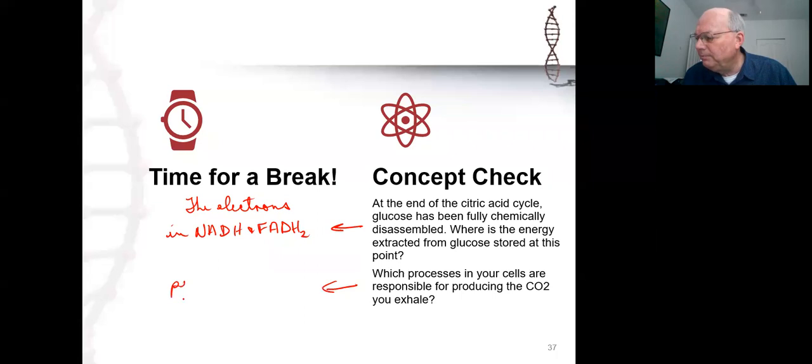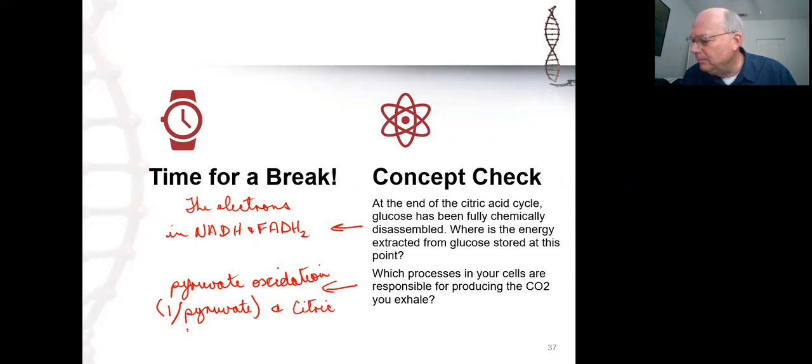Pyruvate oxidation. One per pyruvate. And the citric acid cycle. And that's 2 per pyruvate.